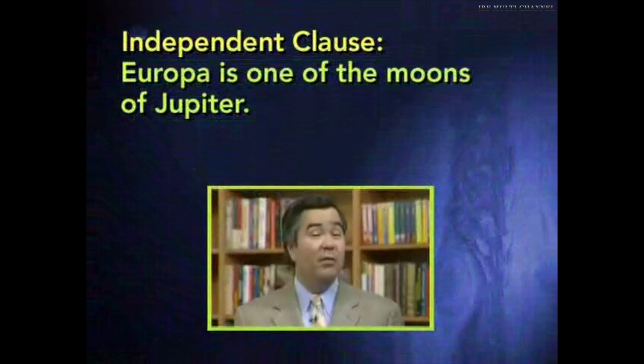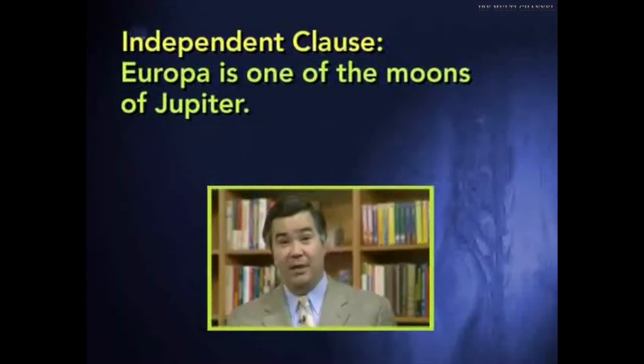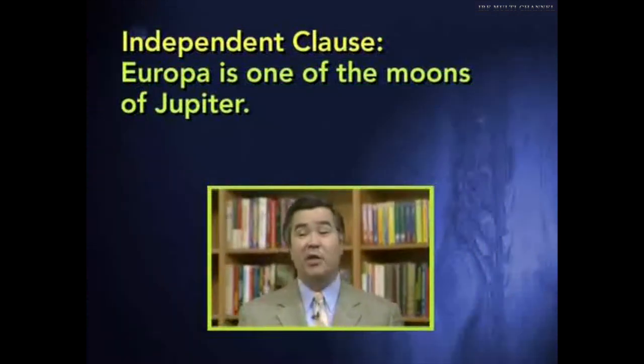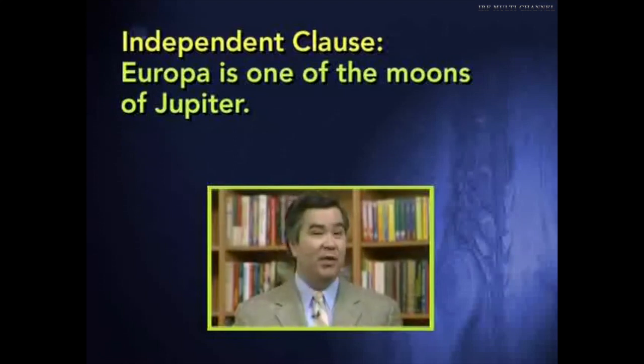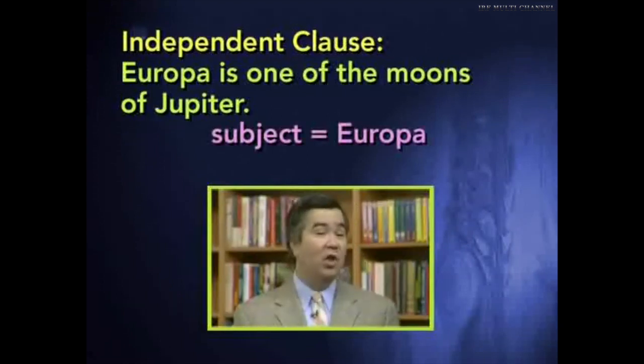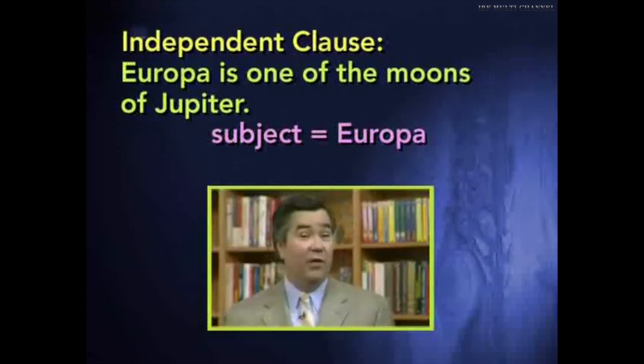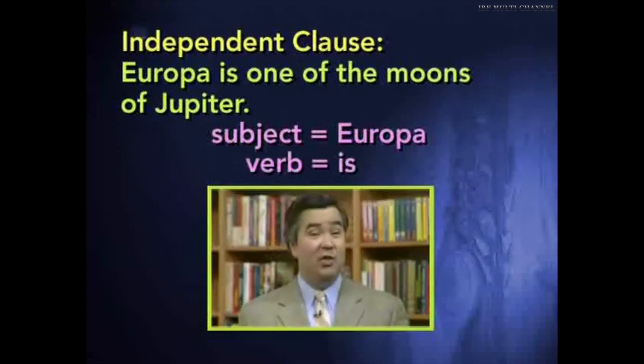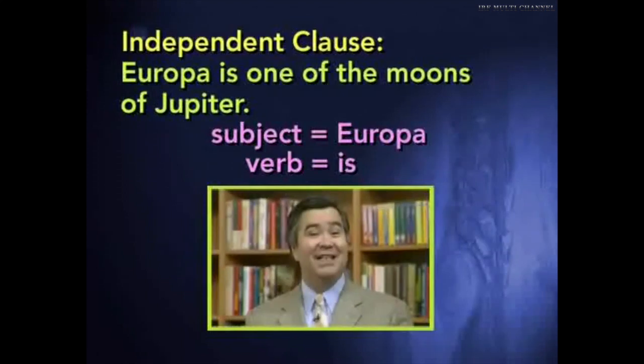Europa is one of the moons of Jupiter. Now, this is a clause because it's a group of words that contains both a subject and a verb. Can you identify the subject and the verb in this sentence? The subject is Europa. Europa is what the sentence is about. The verb is "is." That is what Europa is or does in this sentence.